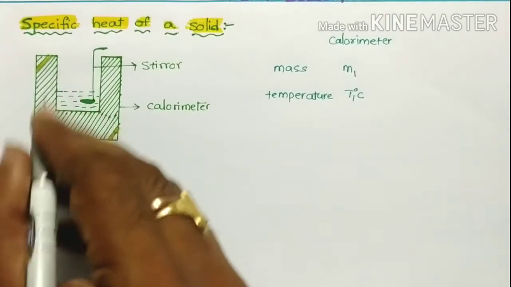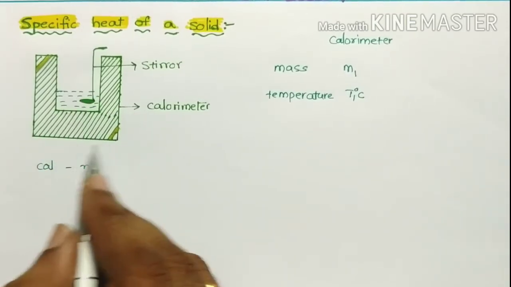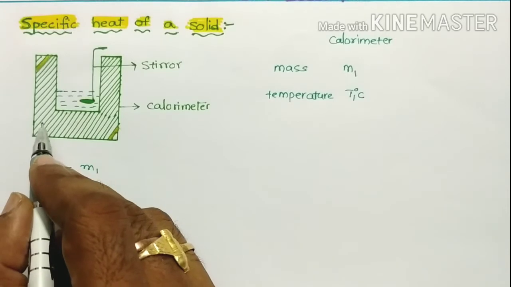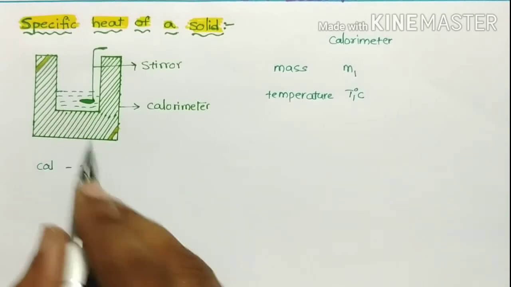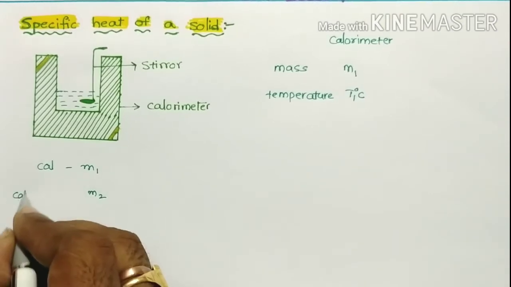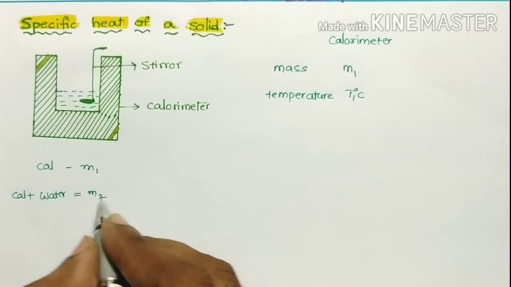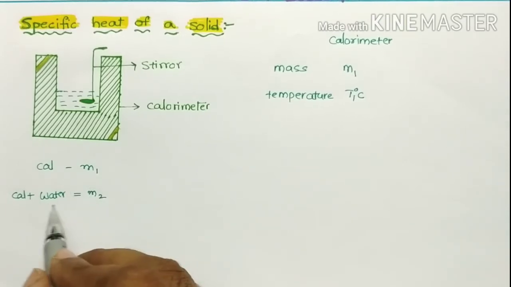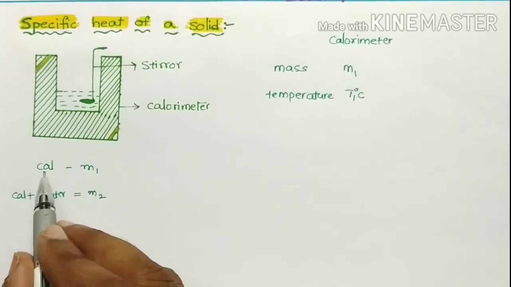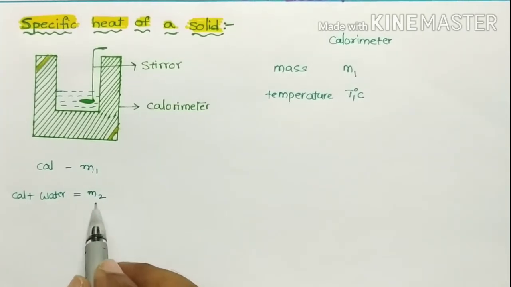Let's measure the whole apparatus, that is calorimeter plus water. Let the mass of the calorimeter plus water be m2. So how can we measure the mass of the water? The mass of the calorimeter is m1 and the mass of the calorimeter plus water is m2.